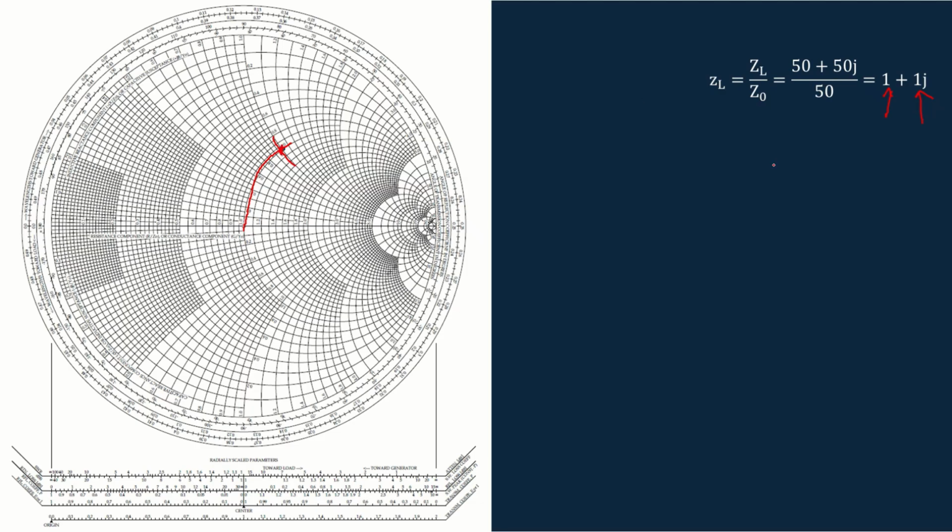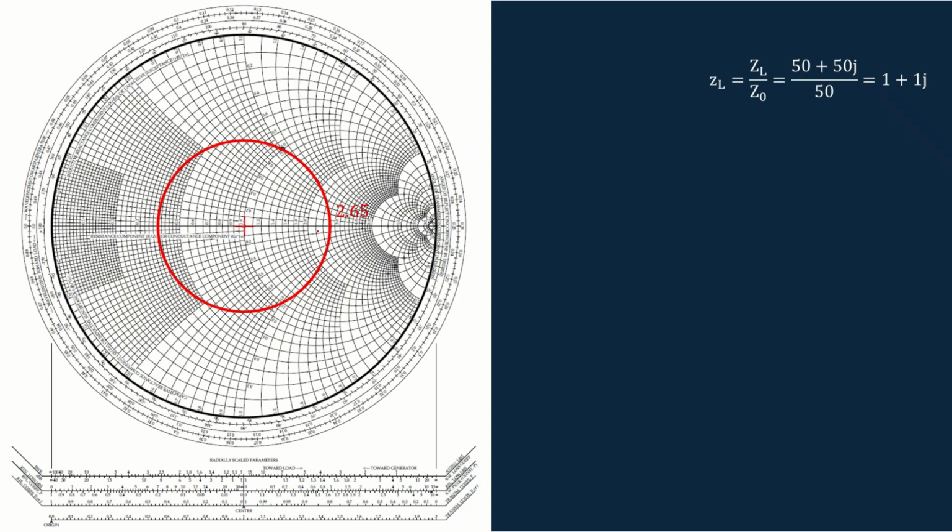Our next aim is to find the VSWR. One thing you can do is draw a circle with the center at this point and find the intersecting point on the pure resistance line. So this is what I have done. I make this point the center and draw a circle like this.